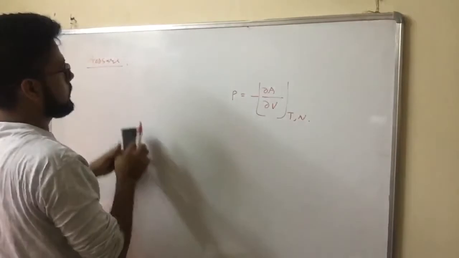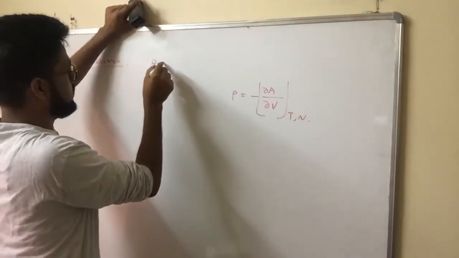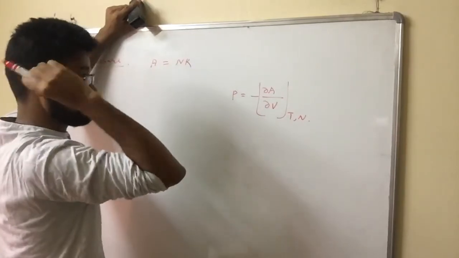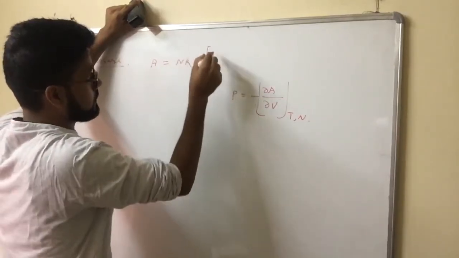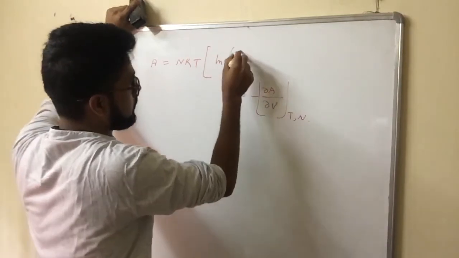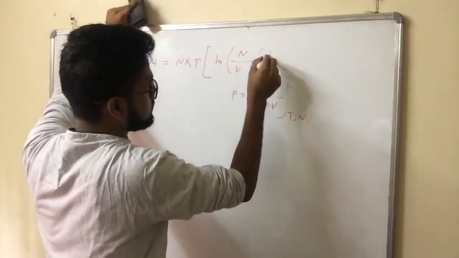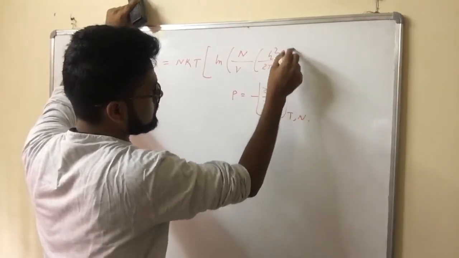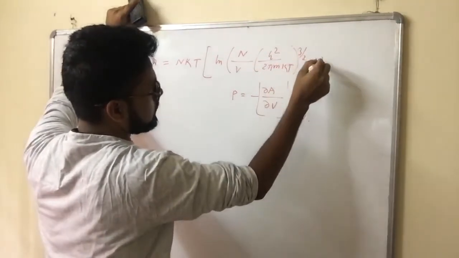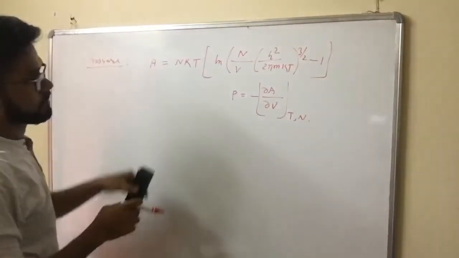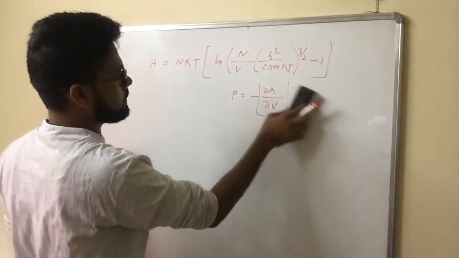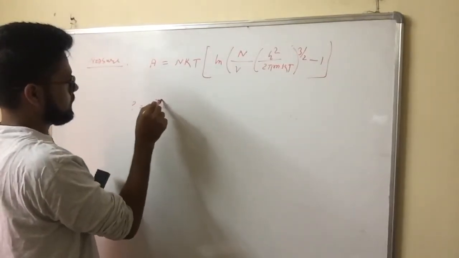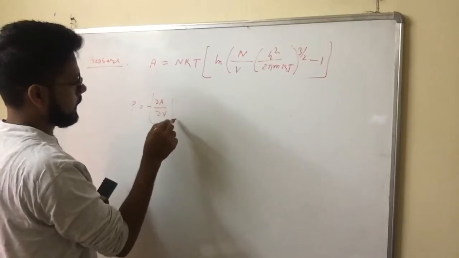Now I have already derived the free energy: A equals NkT times [ln(N/V (h squared over 2 pi mkT) to the power 3 by 2) minus 1]. This formula I have derived. So this is the variation with respect to V, pressure equals dA by dV with N and T constant.